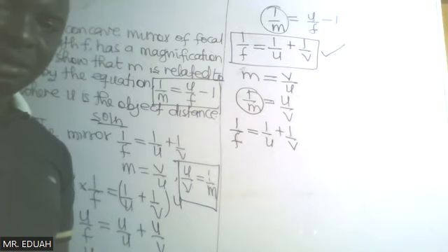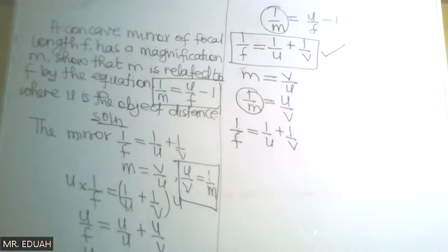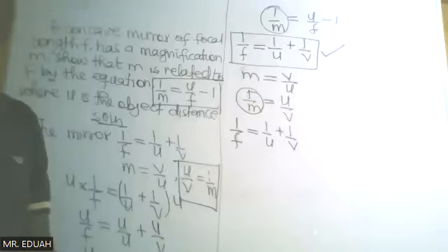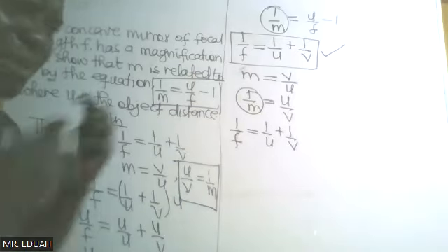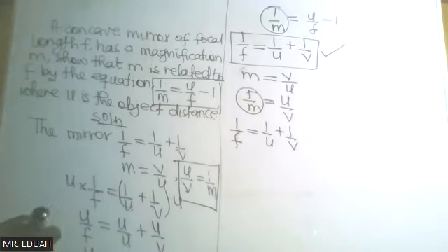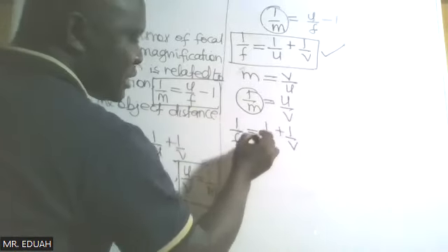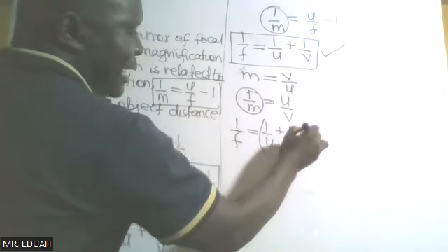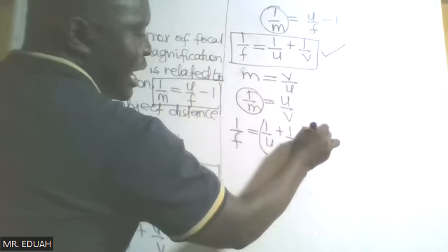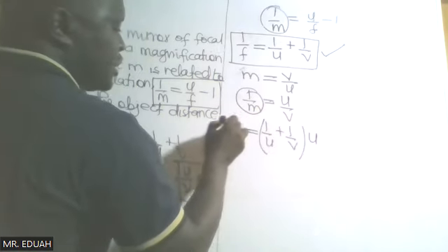Deborah, go ahead. You multiply through by U. Exactly. Adding LCM is a waste of time. So what you do is that you multiply through by U at both sides of the equation.